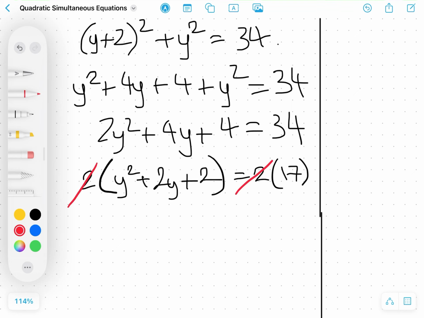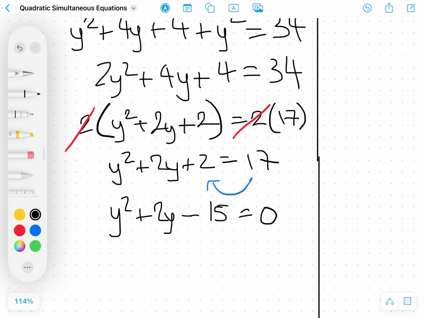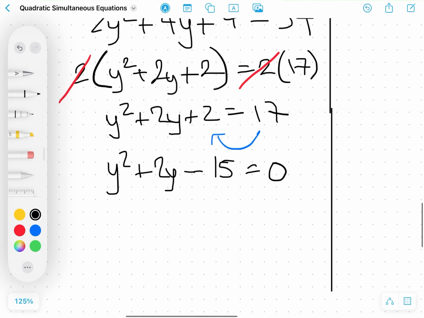And now we divide both sides by 2. Dividing both sides by 2, the 2's disappear and it becomes y squared plus 2y plus 2 is equal to 17. Therefore, if you subtract 17 from both sides, y squared plus 2y minus 15 is equal to 0.